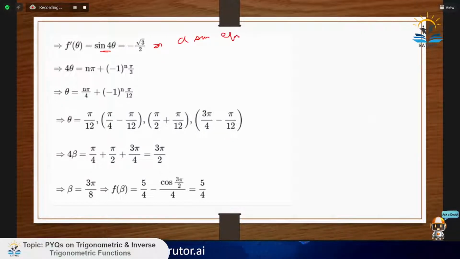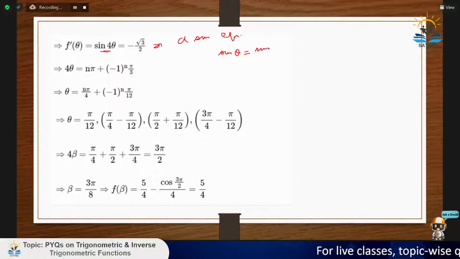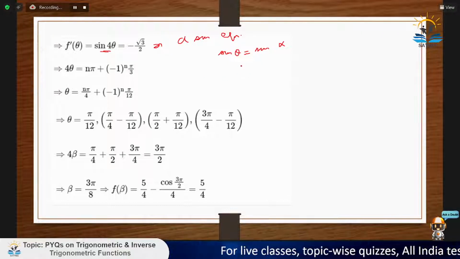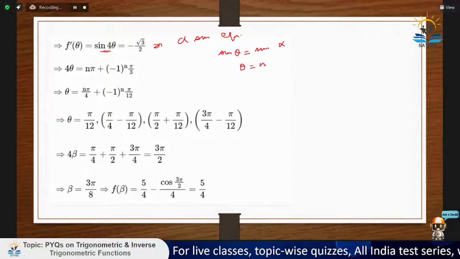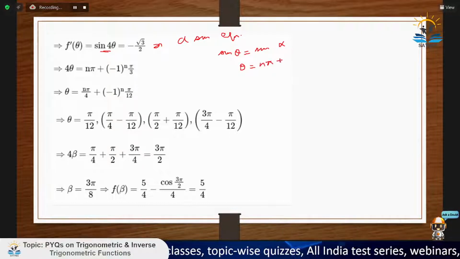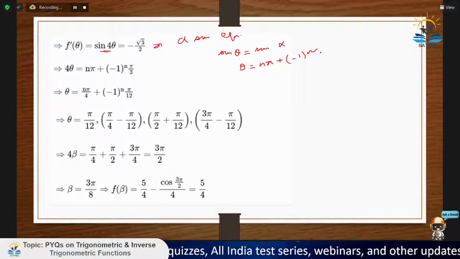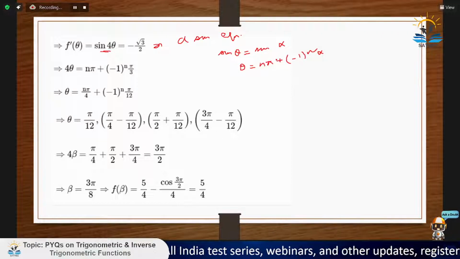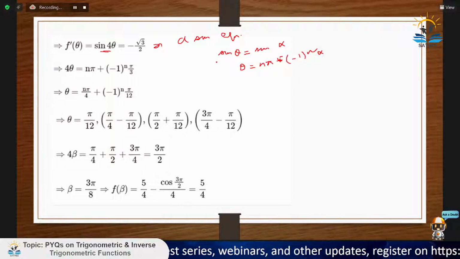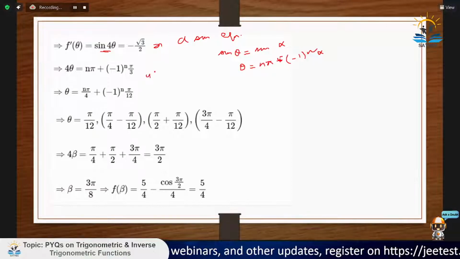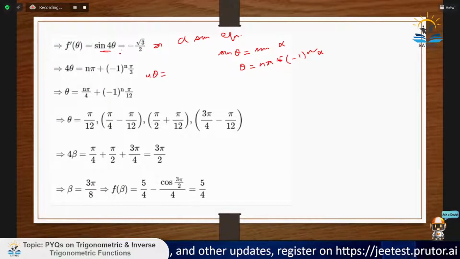And we know that the solution for sine theta equal to sine alpha, here theta is equal to 4 theta. सो इसका एक्सप्रेशन क्या होता है? इसका एक्सप्रेशन होता है थीटा इज इक्वल टू n पाई प्लस -1 पावर n इंटू अल्फा. सो वही चीज मैं यहाँ पे पुट करूंगा. So I will be getting 4 theta equal to, basically this is a sine equation only.